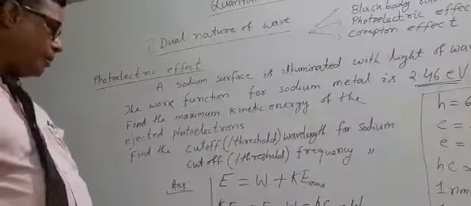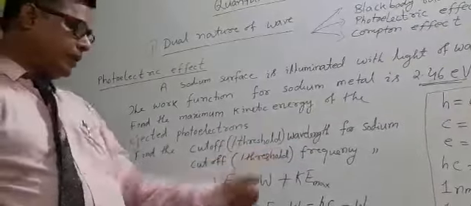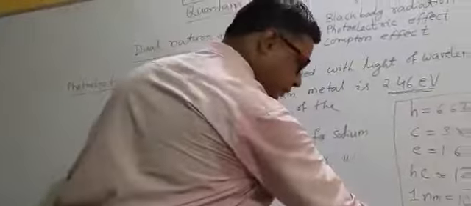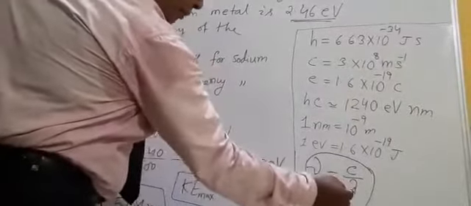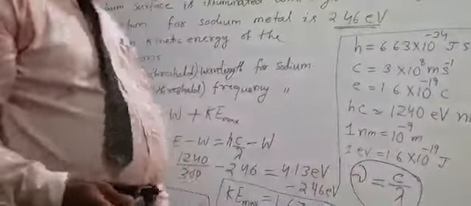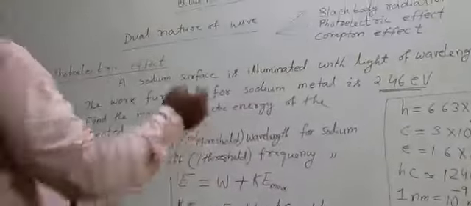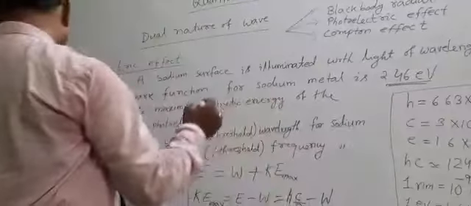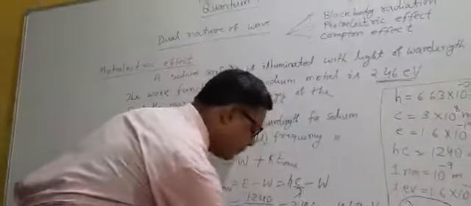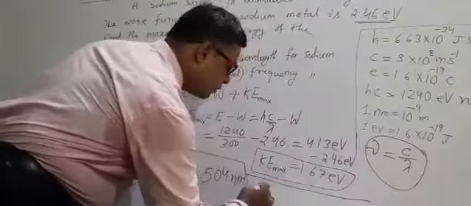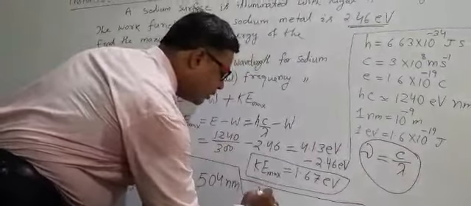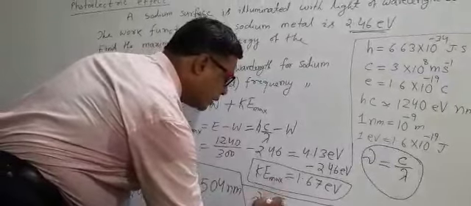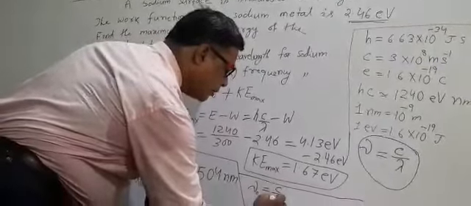From lambda naught also you can get the cutoff frequency by taking this relation. If lambda is given, you can find nu. So how? I will write here, nu naught is equal to c by lambda naught.